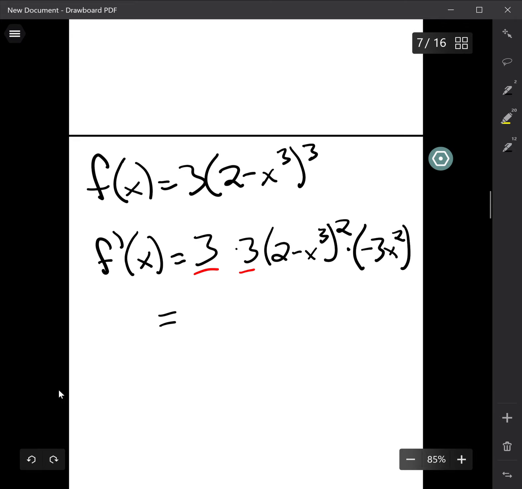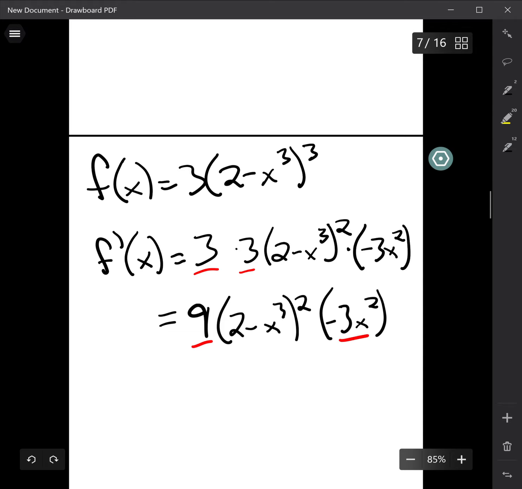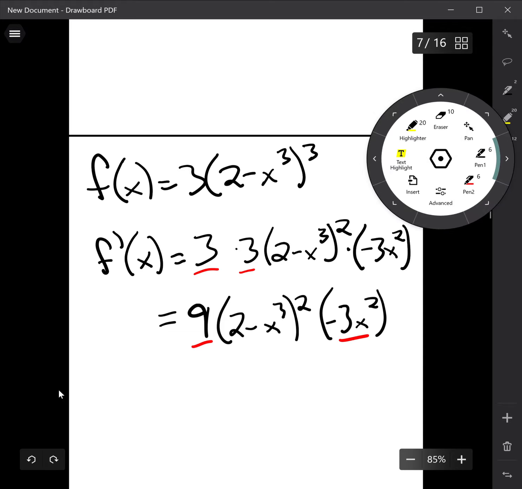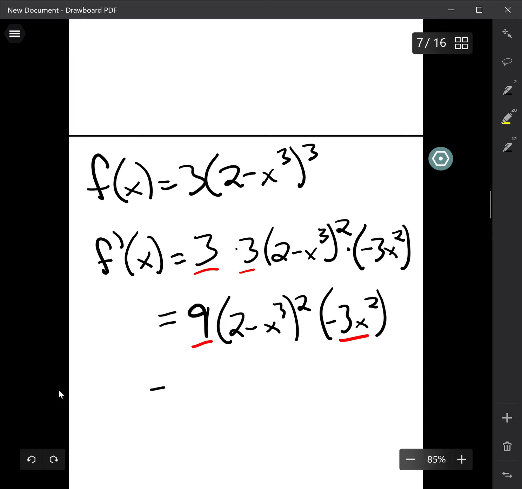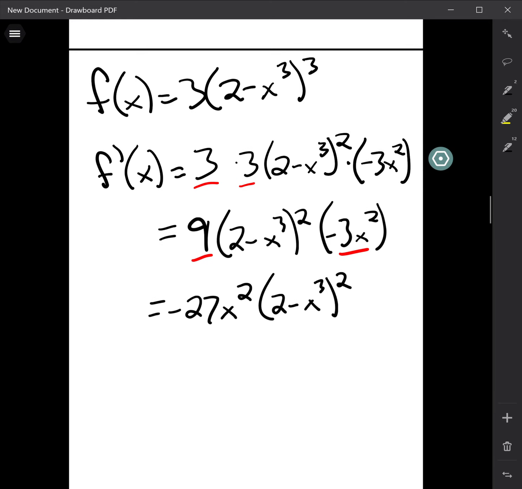I could write this as 9 times 2 minus x cubed squared times negative 3x squared. And in fact, I can go one more step and multiply these together to give me negative 27x squared times 2 minus x cubed, all of that squared. And boom, that's my first derivative.